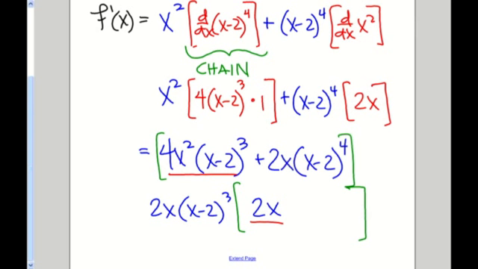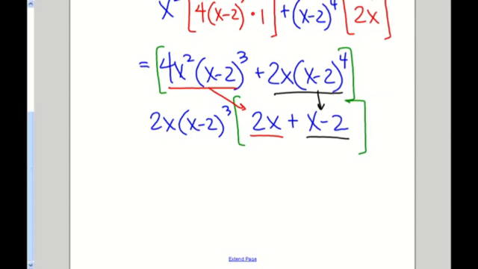So this kind of went to that. And then from this one, I took out this 2x and all but one of those x minus 2's. So from here, I'm going to end up with plus x minus 2. So that piece came from there. Then I can combine this all one step further and get that this is 2x times x minus 2 cubed times 3x minus 2.